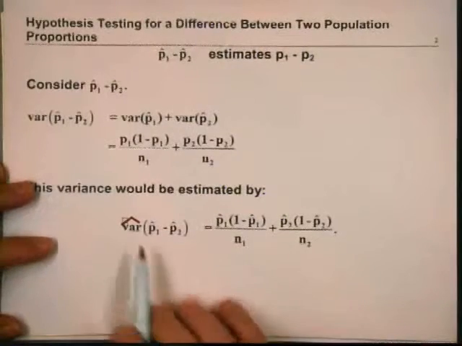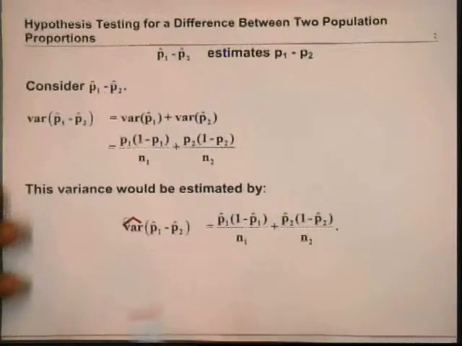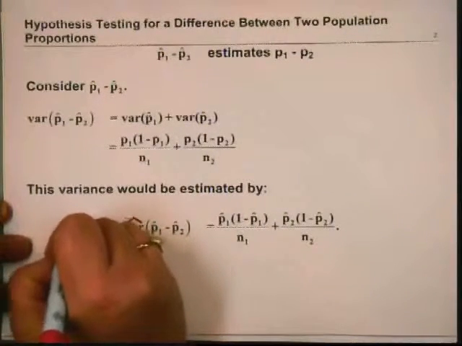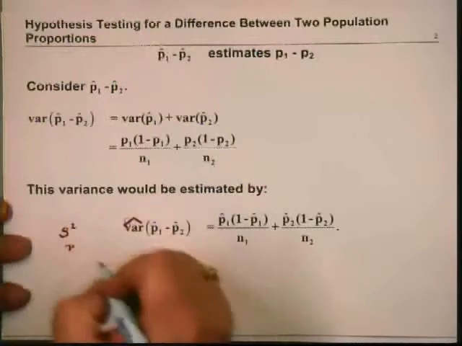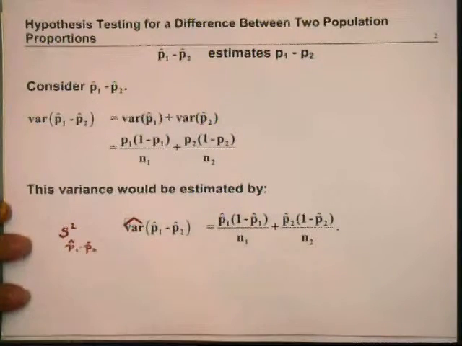All that means is our estimated variance, or we could write it as S squared with the subscript P1 hat minus P2 hat. Remember, for those variances, we sometimes have an index to denote which group it's from, but if it's a function, it says it's the variance of that function.